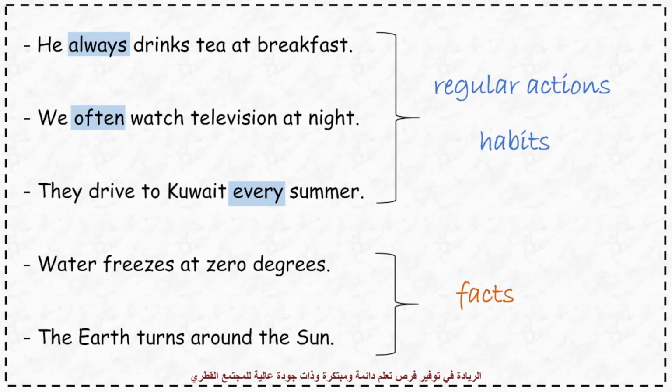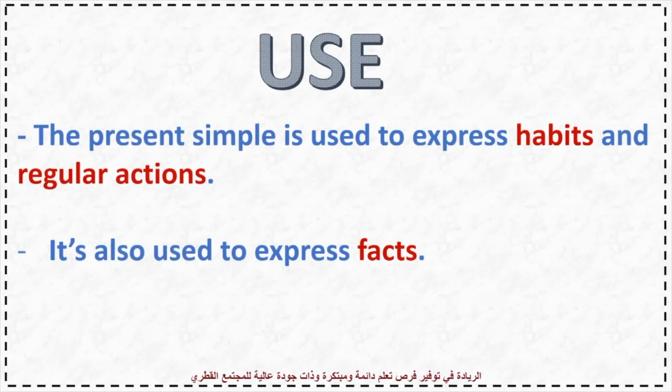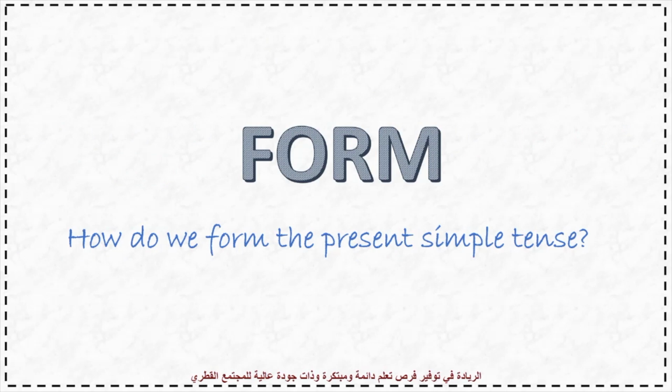And this is another use of the simple present tense. So to sum this up, we could say the present simple tense is used to express habits and regular actions, and it's also used to express facts.